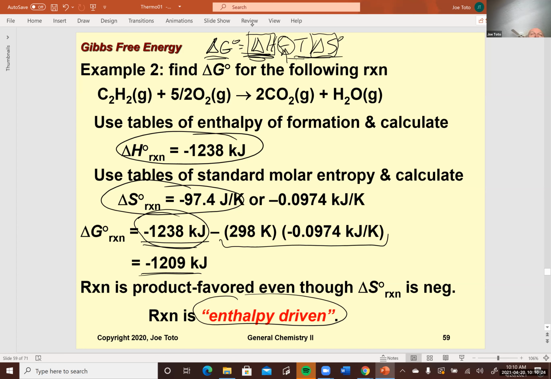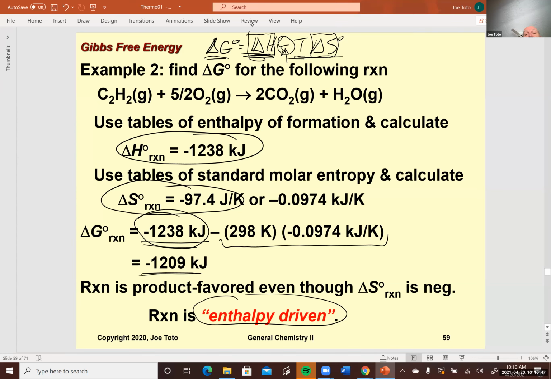And that's because of the exothermicity of delta H. But don't be fooled. That exothermicity or that heat goes into the surroundings and increases the entropy of the surroundings. So the second law of thermo is still at play.